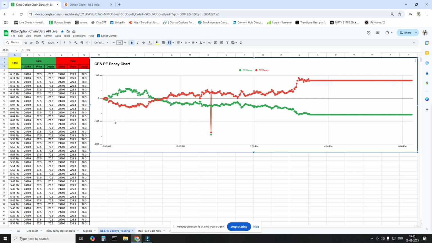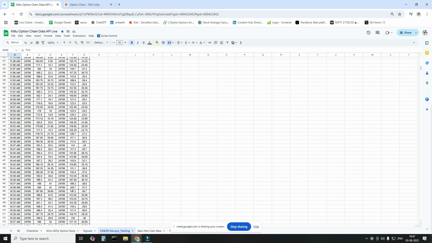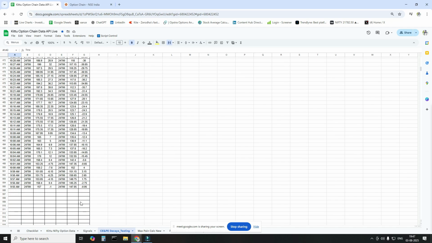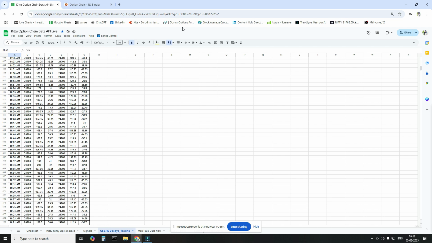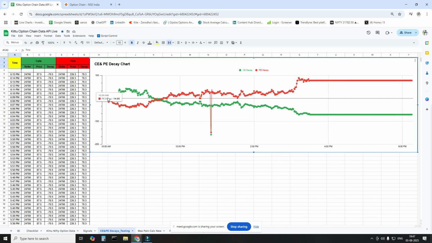So as of now these signals have started. Let us start from 10 o'clock then. On the put side we can see the decay has been decreasing. Automatically our graphs will tell you what is happening in the decay on the PE side and also on the CE side.